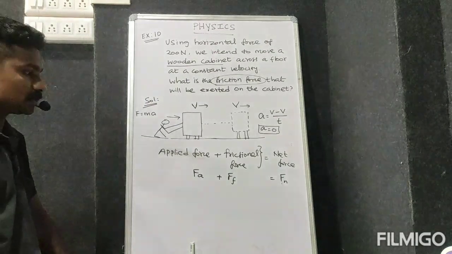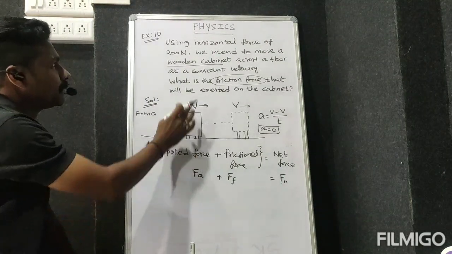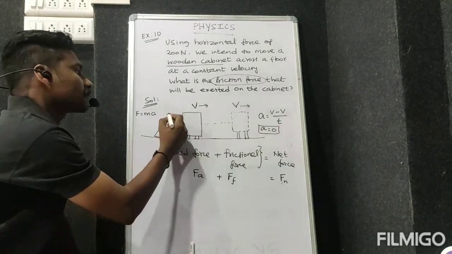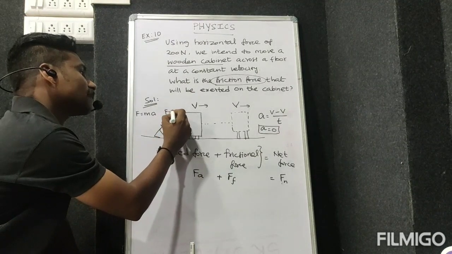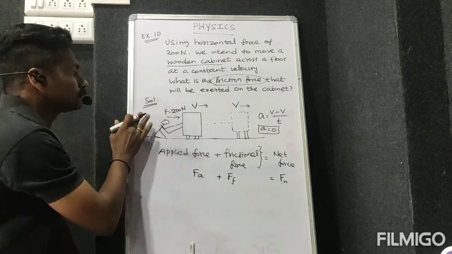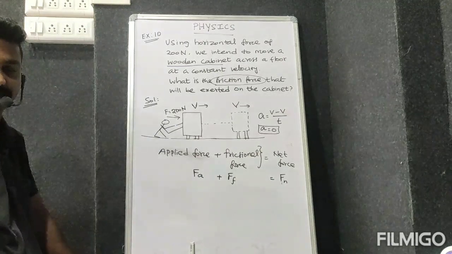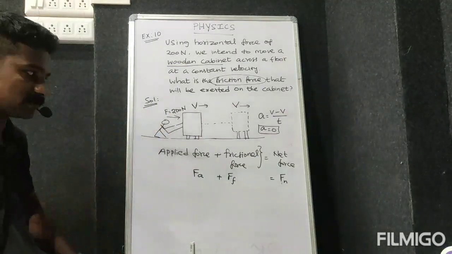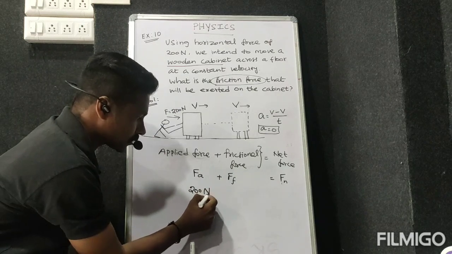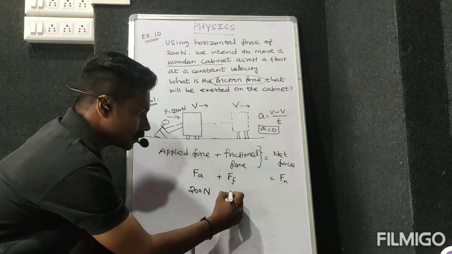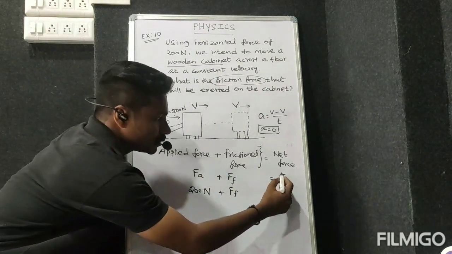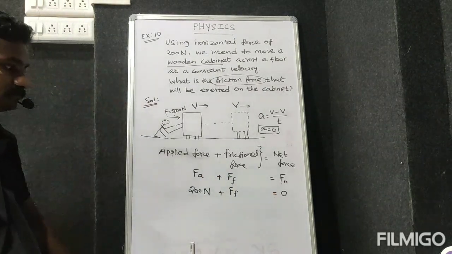The applied force is given as 200 Newton, applied by this person. The frictional force I don't know; we are going to find it. And the net force, you know, is 0.